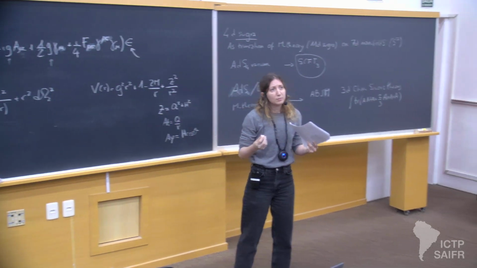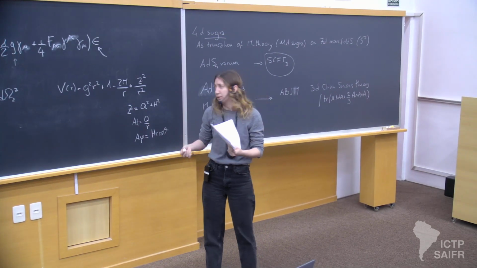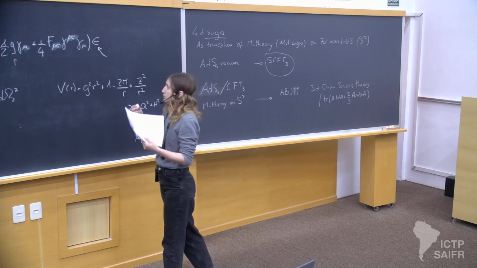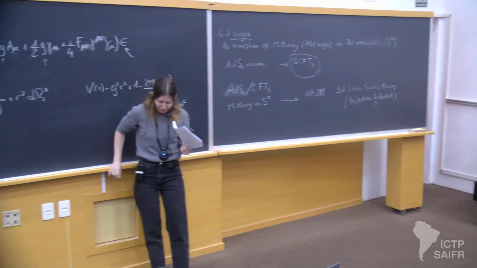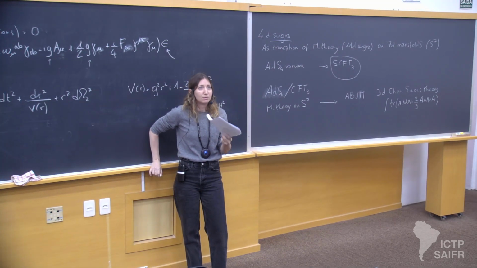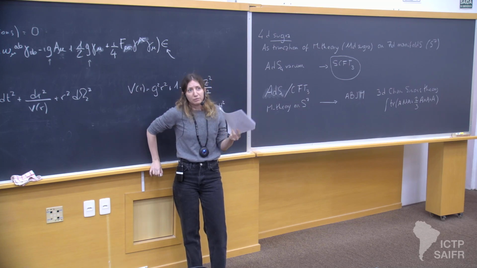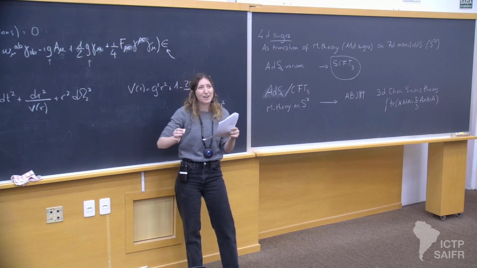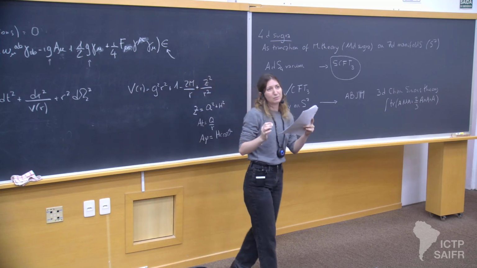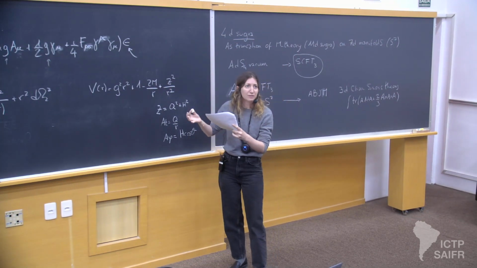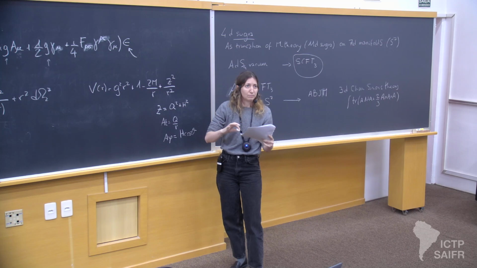You encounter problems because the group of diffeomorphisms, the coordinate transformations, being continuous, does not admit finite dimensional spinorial representations. So you have to split your invariance between local Lorentz invariance and diffeomorphism invariance.